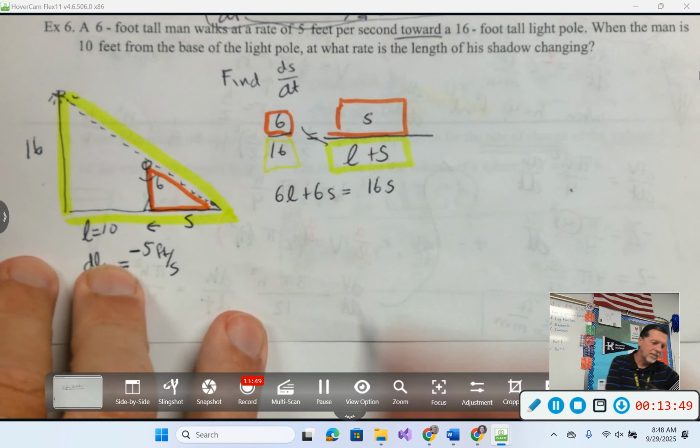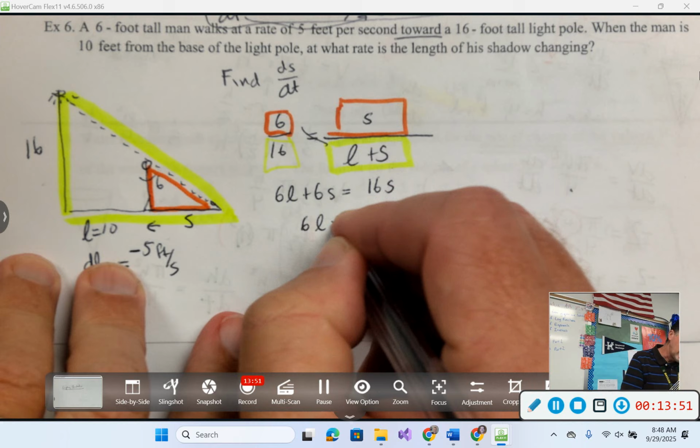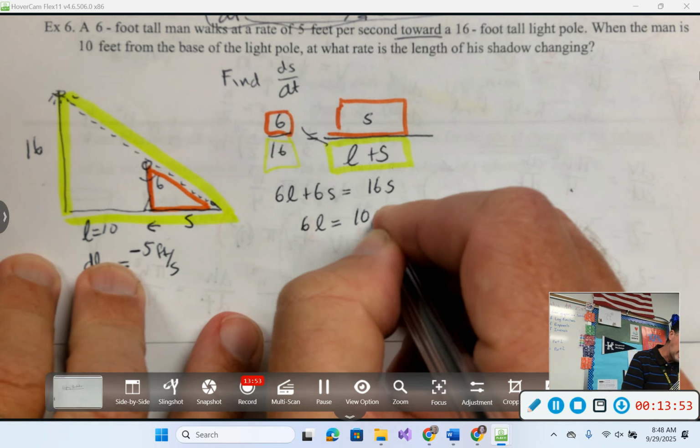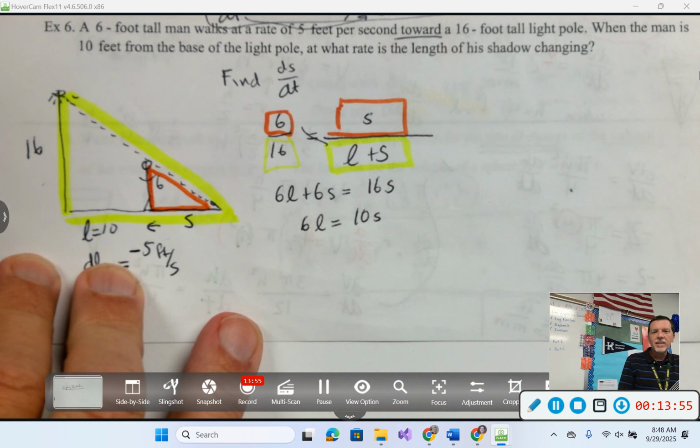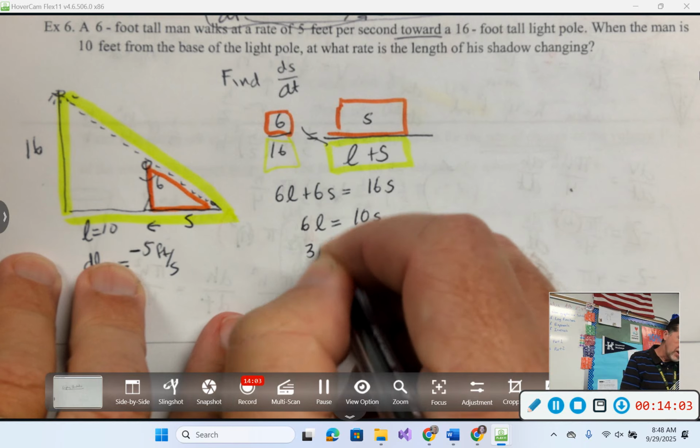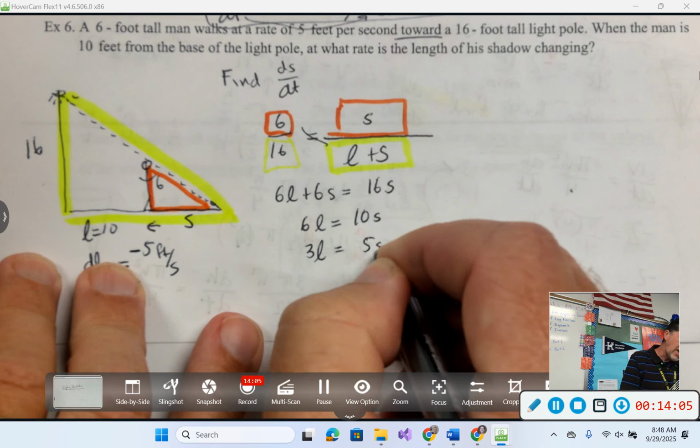In fact, let's keep going while we're doing algebra here. 6L equals 10S. You want to go one more algebra step? Why not make it as easy as we can in algebra world? 3L equals 5S.